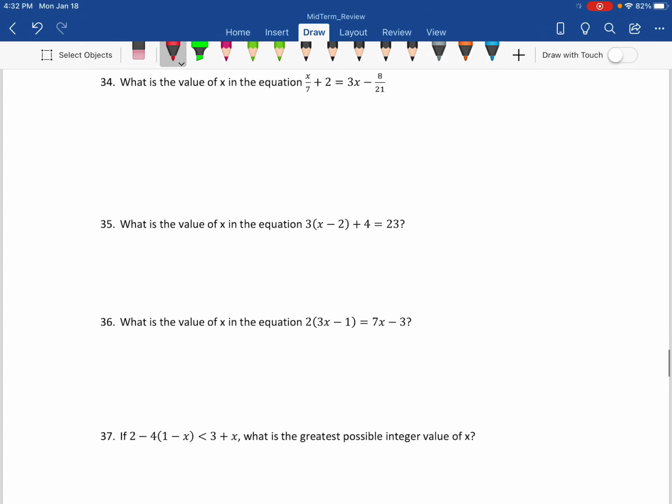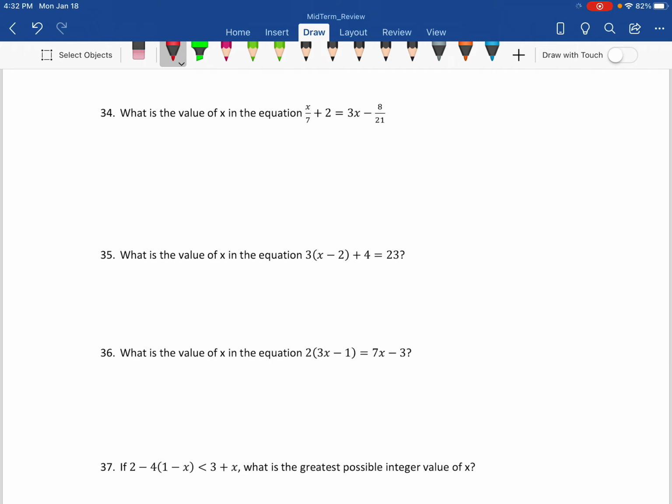Number 34. What is the x value in this equation? So the easiest way to handle this is to clear our fractions. I'm going to multiply our entire equation by the common denominator, because of 7 and 21. If I multiply, I can clear 7 by using 21, and of course I can clear 21 by using 21 as well. So I'm going to distribute that 21 to all the terms.